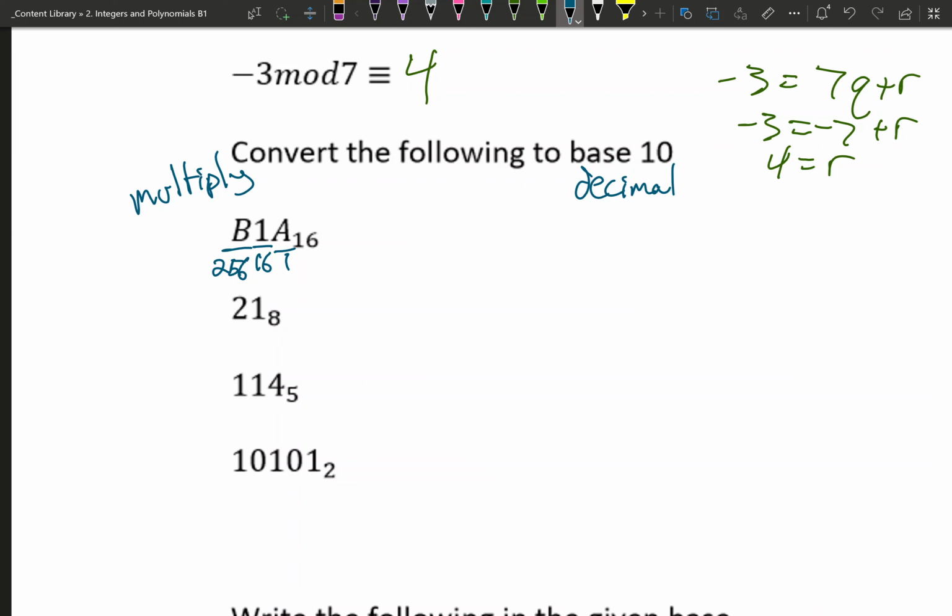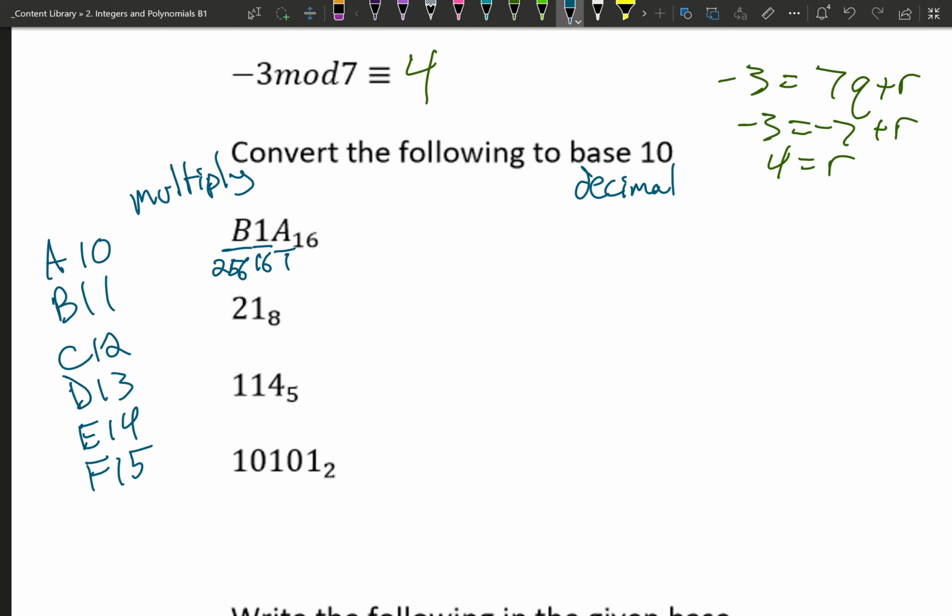In hexadecimal, in base 16, we use letters to represent numbers that are 2 digits, right? So A is 10, B is 11, C is 12, D is 13, E is 14, and F is 15. If we hit 16, then that bumps us up into the next place value.